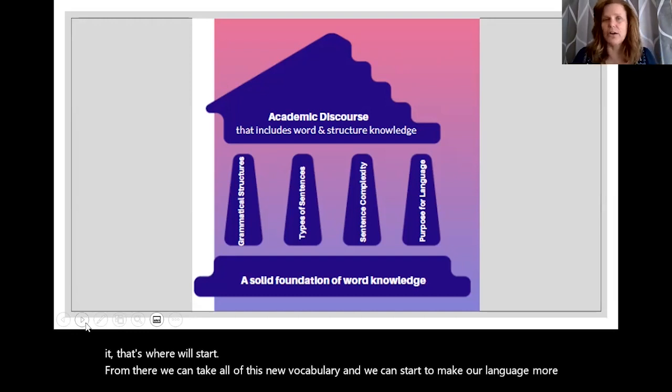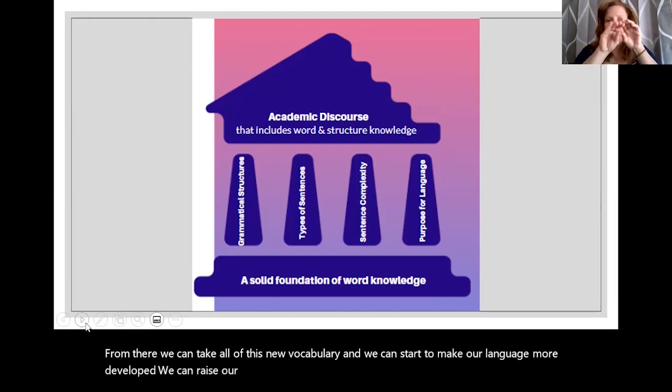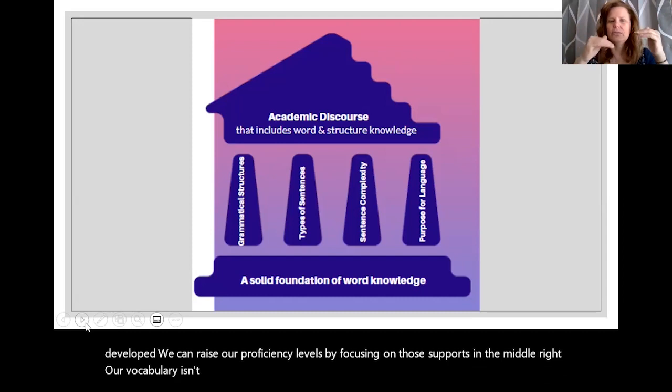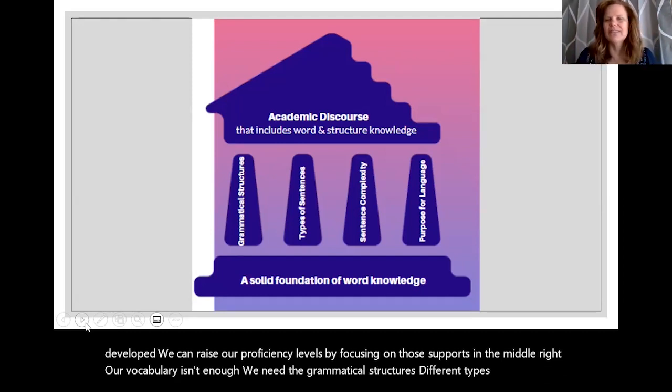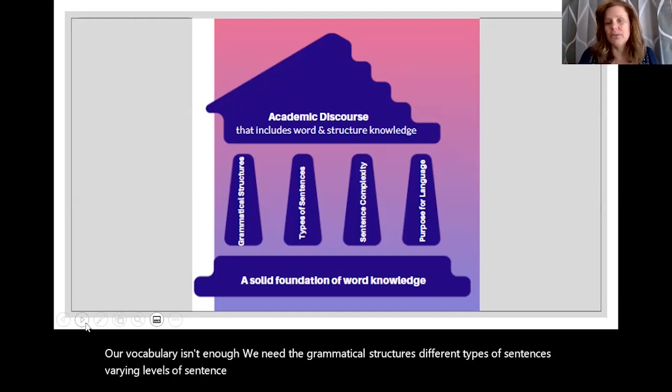We can raise our proficiency levels by focusing on those supports in the middle, right? Our vocabulary isn't enough. We need the grammatical structures, different types of sentences, varying levels of sentence complexity, and proper uses and purposes for language to hold up our conversations and our discourse.